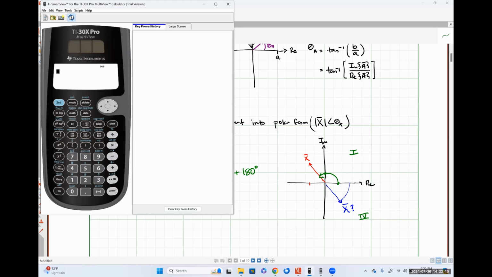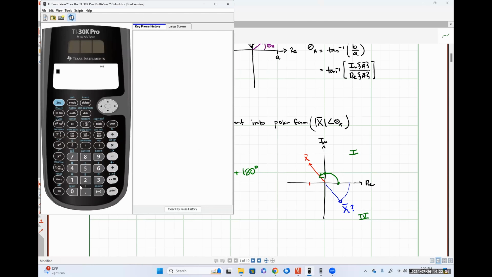It says it's a TI 30X Pro, but that's not true because the 30X is a peasant calculator that can't do most of the stuff that this one can. This is actually a 36. But anyway, can you guys all see the big calculator on your screen? Yes, sir. Okay.